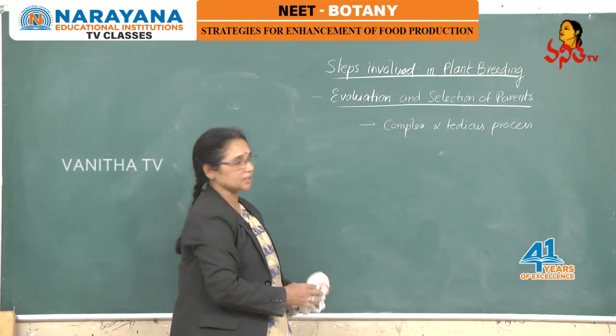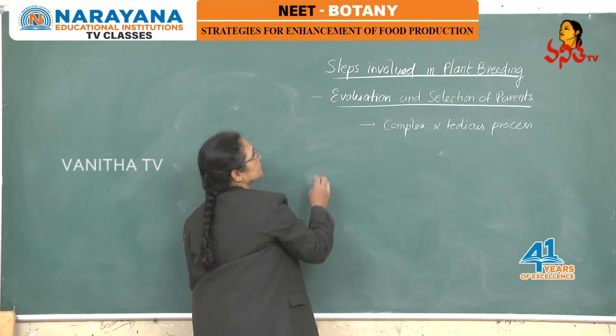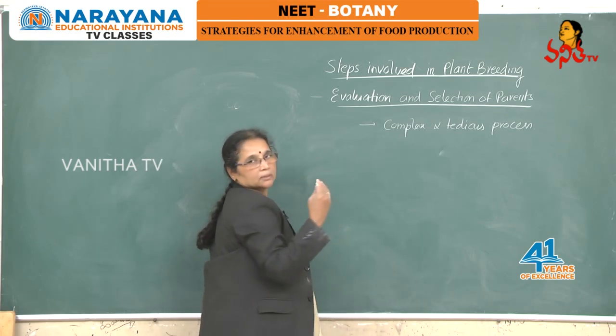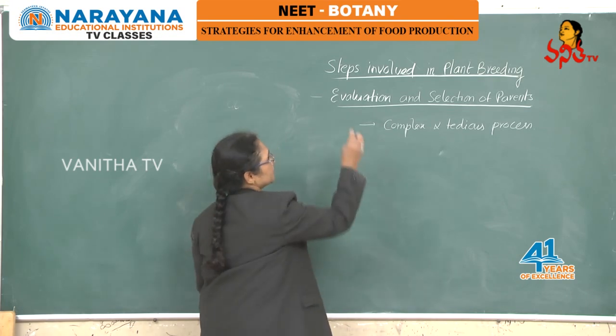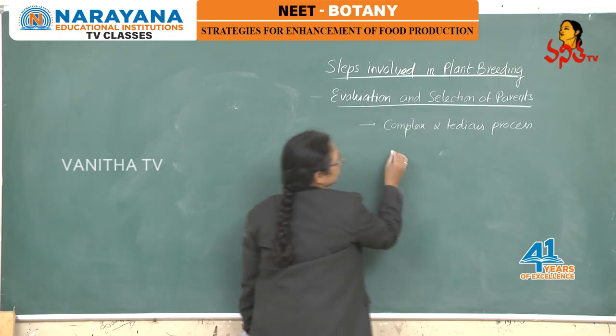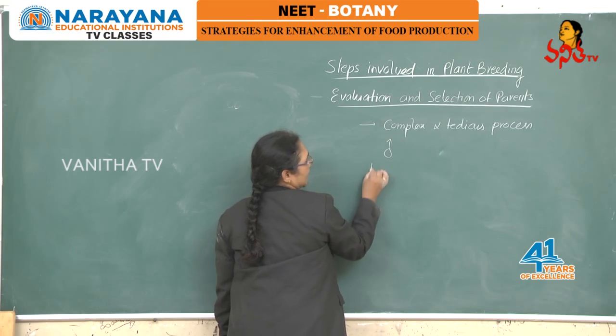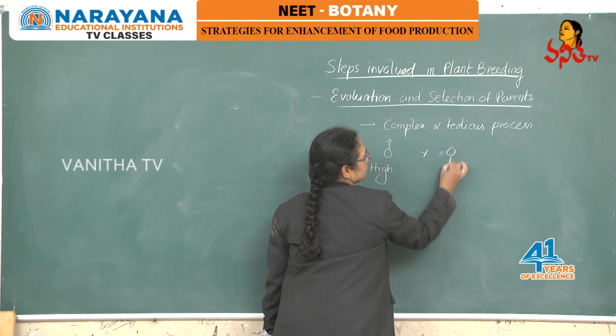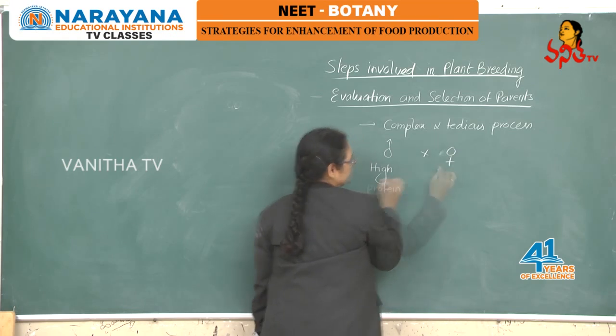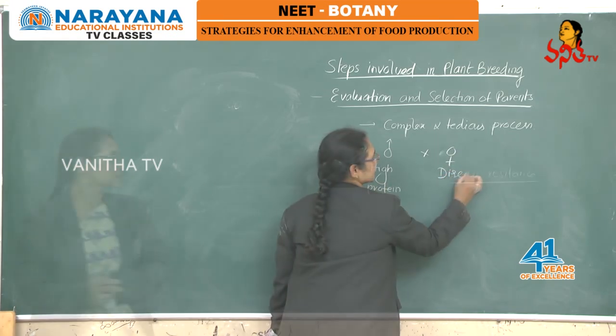The third step is cross hybridization. Already we learned here. So in this step, hybridization is completed. We cross both plants after production of the pure lines. Here the male plant with high protein content is crossed with the female plant which has disease resistance. Okay.